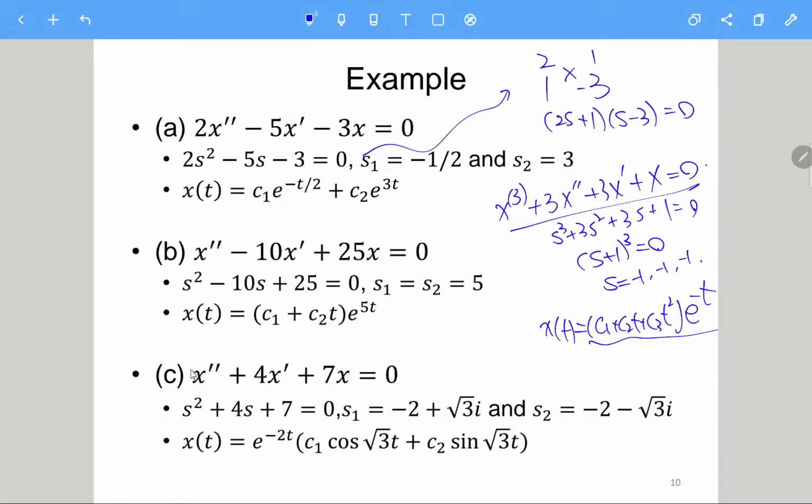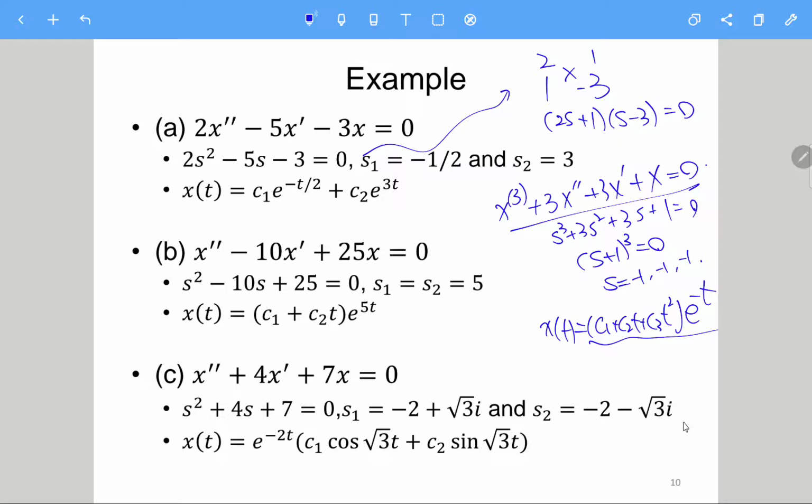And then for the third case, if we have x double prime plus 4x prime plus 7x to be 0, then the auxiliary equation will be s squared plus 4s plus 7 to be 0. So in this case, you can just find the answer to be minus 2 plus square root of 3i, and also minus 2 minus square root of 3i.